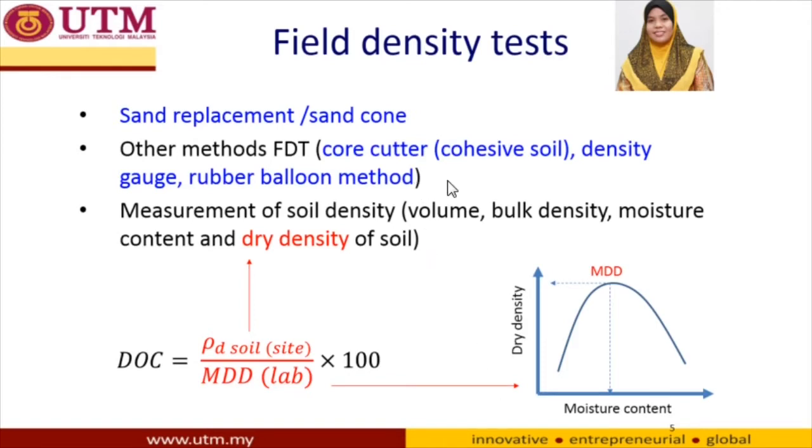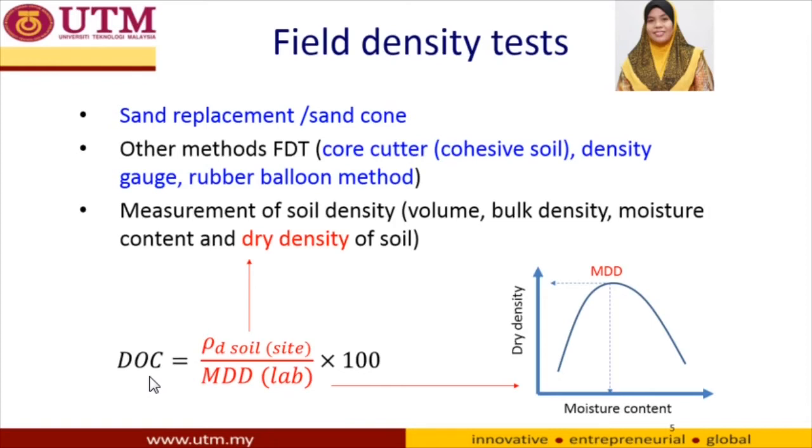Other methods of FDT, or field density test, are core cutter, which is normally used for cohesive soil, nuclear or non-nuclear density gauge, which can almost be considered a non-destructive method, and rubber balloon method. Using these methods, the soil field density or degree of compaction, DOC, will be measured and compared to the target roadworks specification as recommended by the Public Works Department.